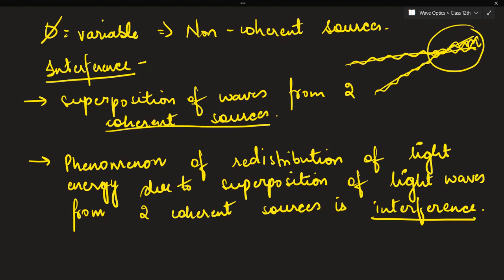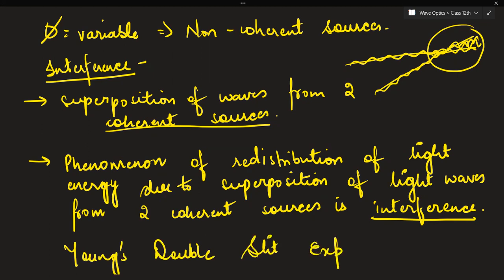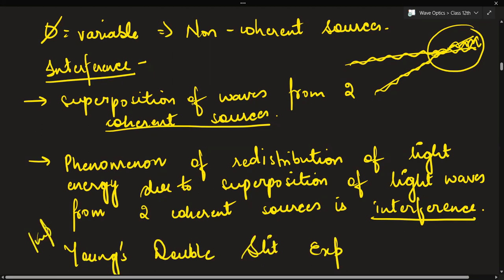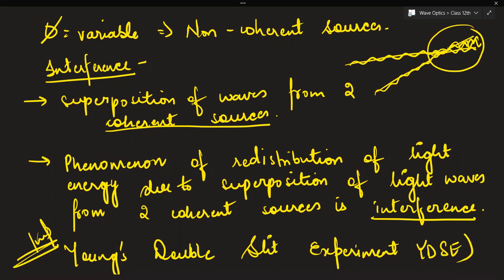And you have a very major experiment for this, which is known as Young's double slit experiment. Anything that can come for sure is your Young's double slit experiment. Not only for class 12, for any entrance exam you appear for, one question from Young's double slit experiment is definitely there.